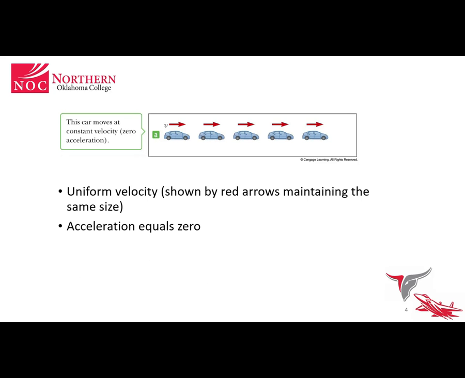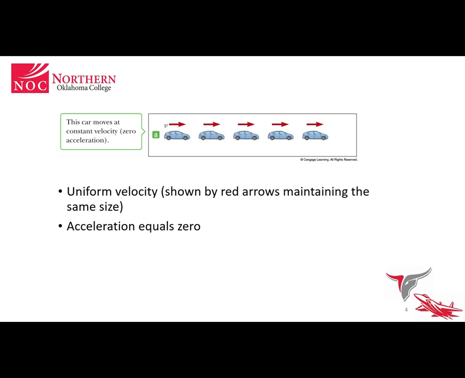So let's look at what we have. We could have motion where we have a uniform velocity where the arrows represent the magnitude. The longer the arrow, the bigger the velocity, okay? In this case, we've got the car traveling down the road. It's probably on cruise control, and our velocity arrows are all the same, so we're traveling at a constant velocity. If I have no change in velocity, now remember, I have direction and magnitude.